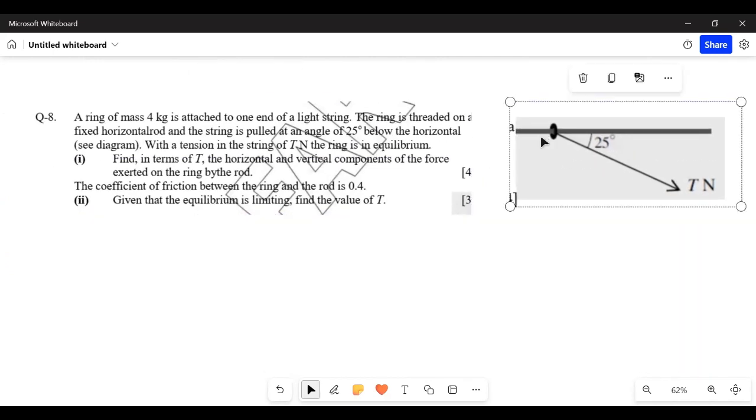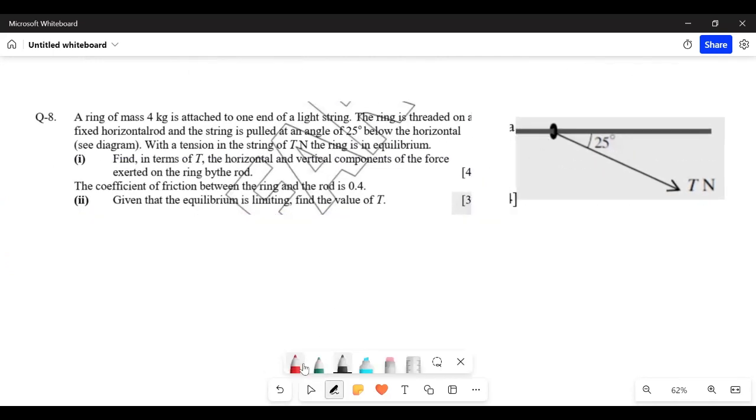The ring of mass 4 kg. So 4 kg means a downward force of mg, which is 40 newtons, is attached to one end of a light string.